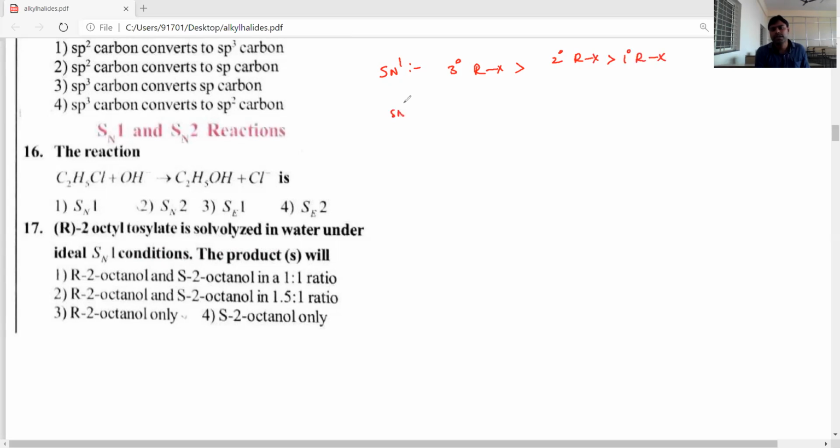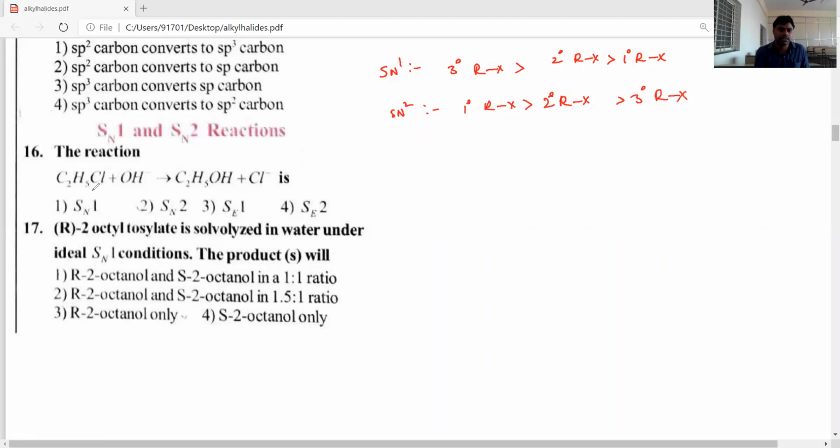In SN2 reactions, primary alkyl halides are more reactive than secondary alkyl halides and then tertiary alkyl halides. It's very clear.